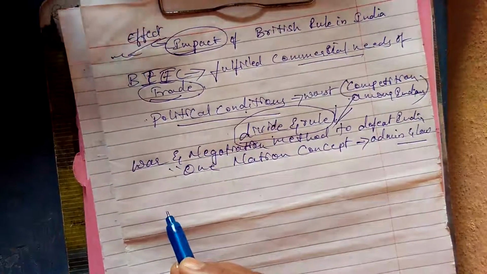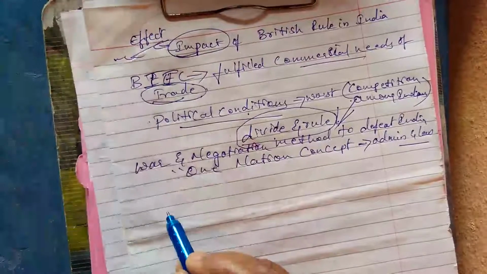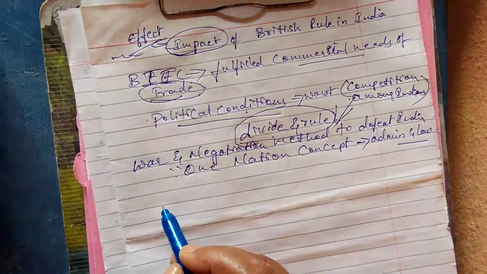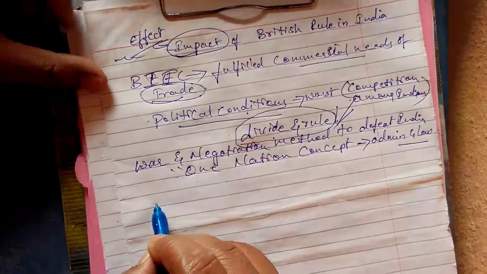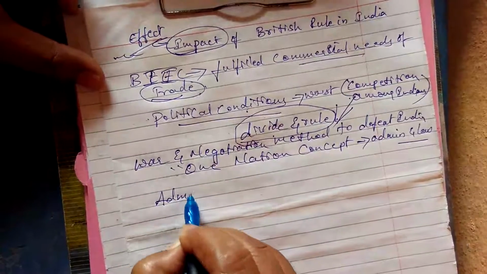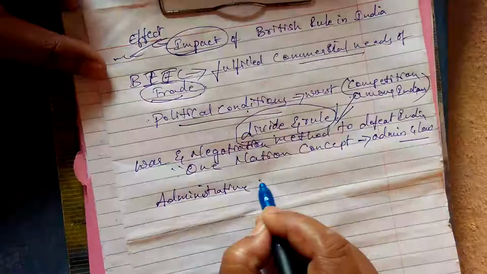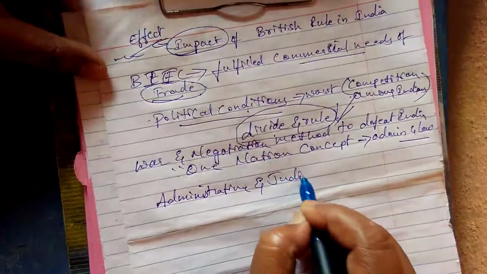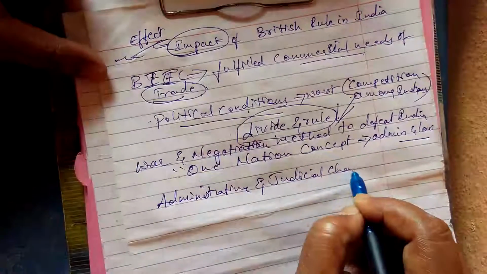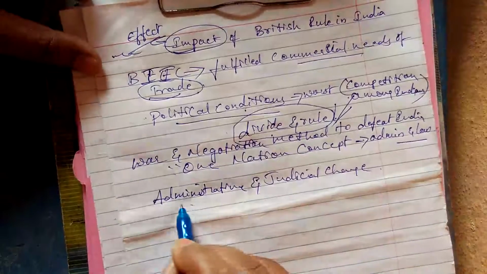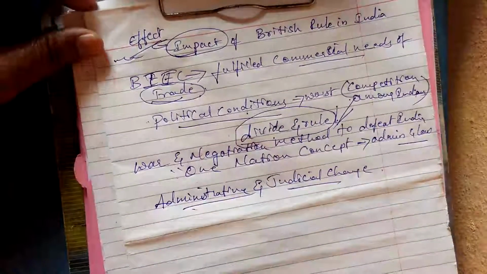Now let us see some of the changes which were brought by the British. First of all, we come across the administrative and judicial changes. What happened in these two?